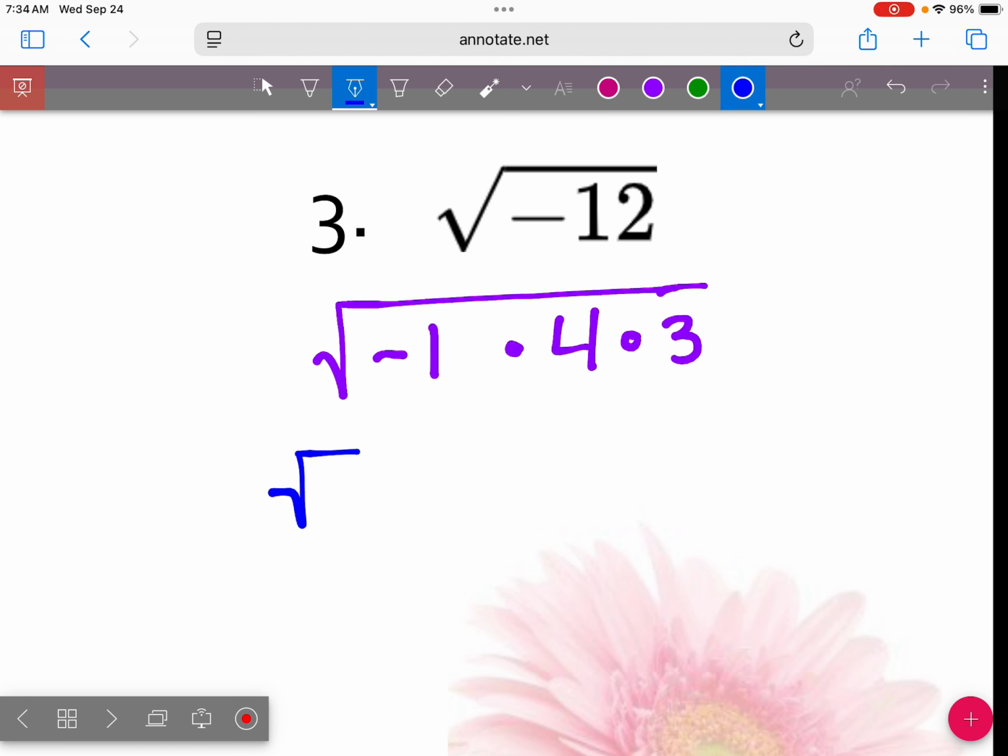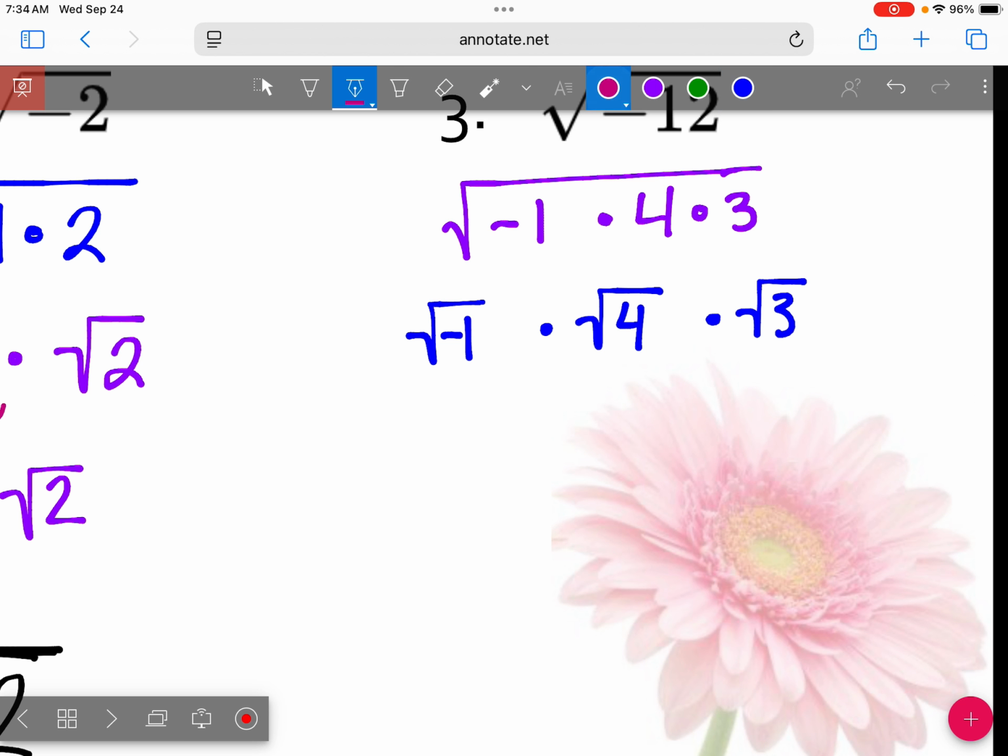But we want to, in general, split everybody up into their own piece so that we can work with everybody individually. So we're going to have our square root of negative 1, our square root of 4, and our square root of 3. Well, our square root of negative 1, that's our new piece for today.